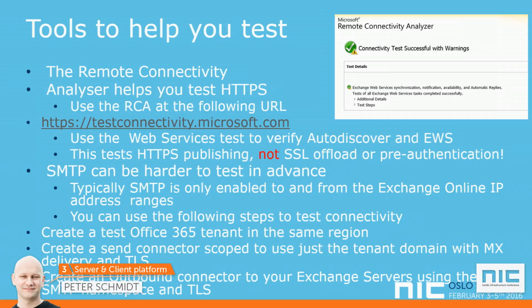We can also create a test tenant in Office 365 and create connectors between that online environment and our existing on-prem environment, but that would probably only be in cases where we have a really large Exchange environment and want to ensure the testing is all done before we continue with the hybrid process.